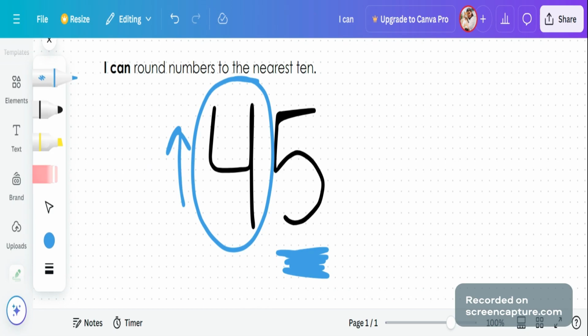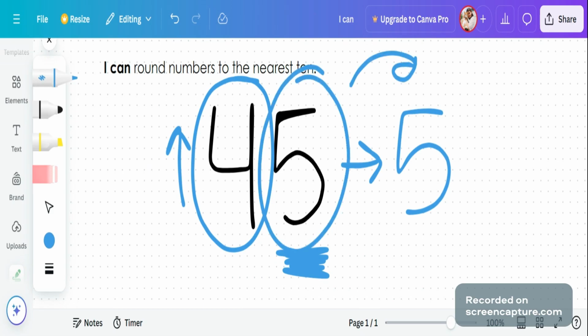When you take the number 4 and you add 1 more, it becomes 5. Then remember, the number in the ones place will always turn to 0. So 45 rounds to 50 when you are rounding to the nearest 10. Erase your board.